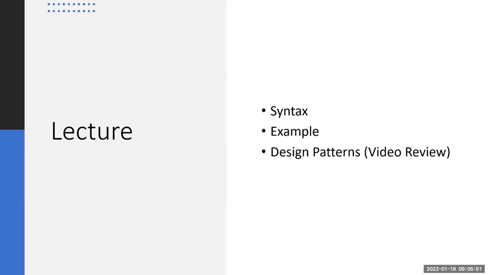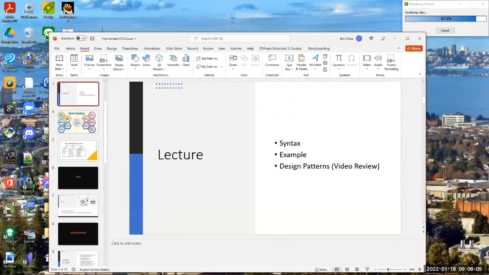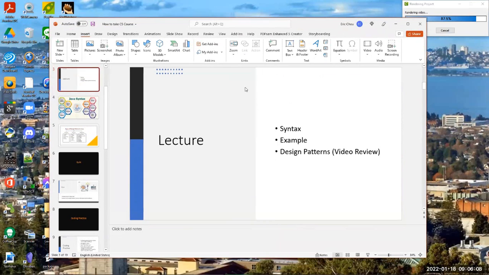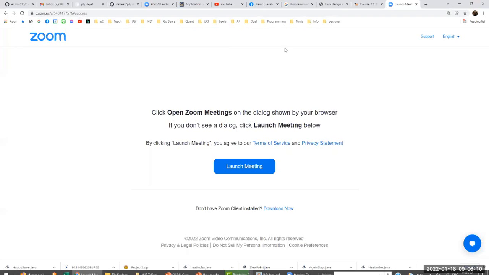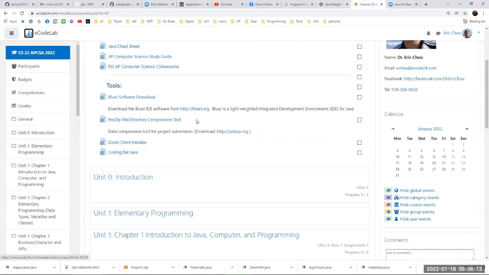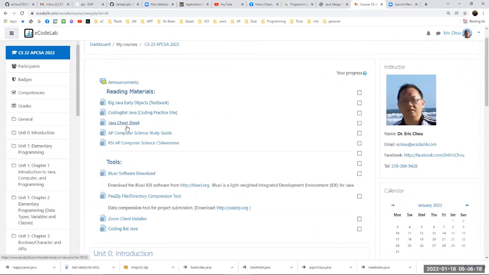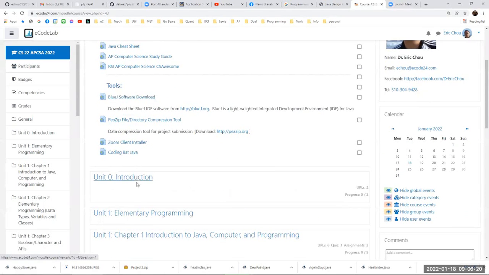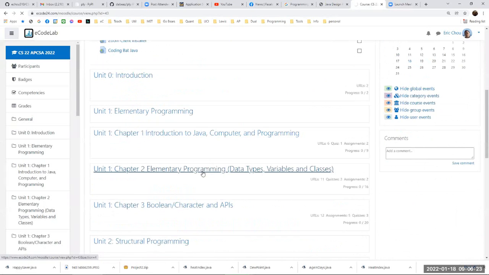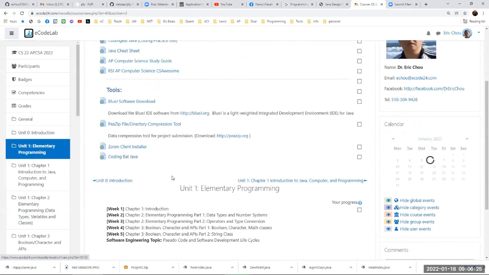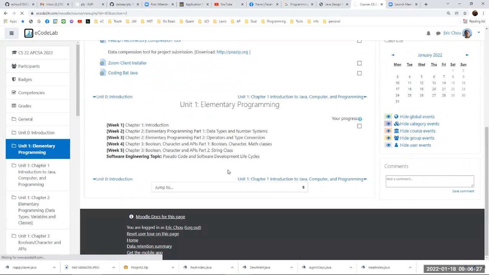You may take some notes, but for myself, I have slides online to help students study, so you would need to take only a minimum amount of notes. I usually provide a course page on Moodle or Blackboard, where you may find the tools, some reference material, and the slides of the course.